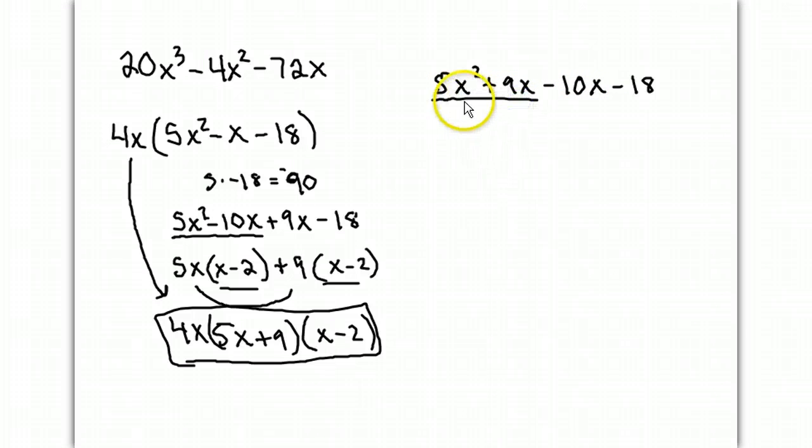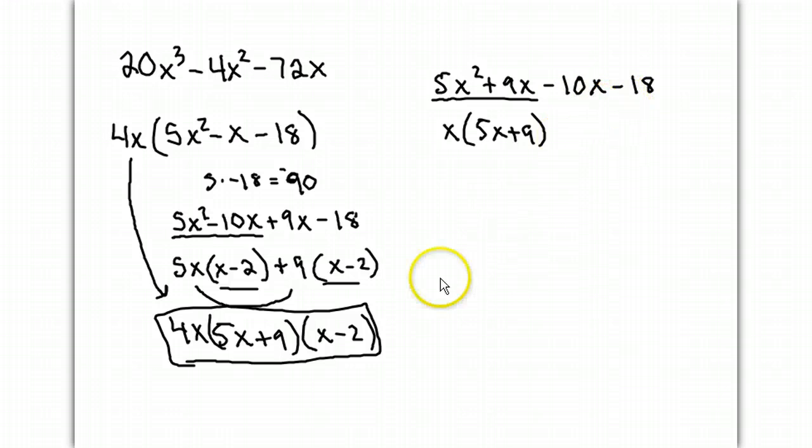So when you look at the first two, you can pull an x out. That's all you can pull out, and you end up with a 5x plus 9 in that one. When you look at this one, since this is positive in the middle and this is negative, you want to pull out a negative number. 10 and 18 both share 2.